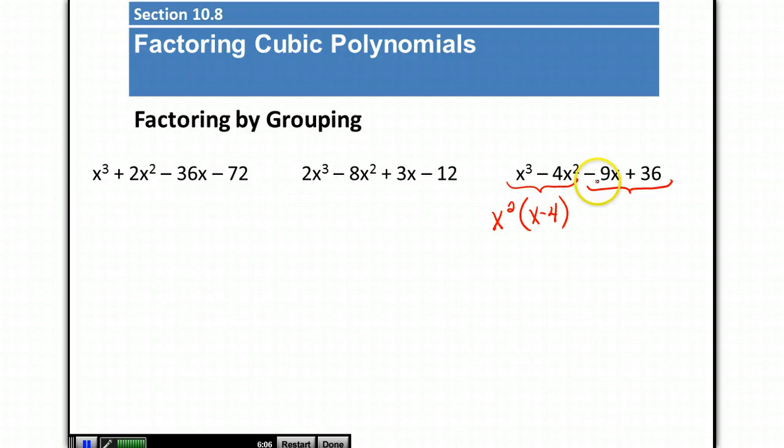Nine. Do we want to factor out a positive 9 or a negative 9? A negative 9. Since this third term is negative, we want to take out a negative 9. By dividing both by negative 9, that will be positive x. And Rusin, this is where you got the 4 from. What's 36 divided by 9?